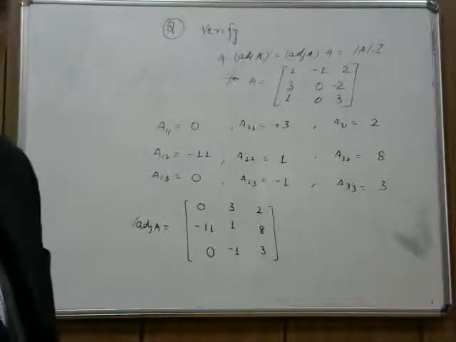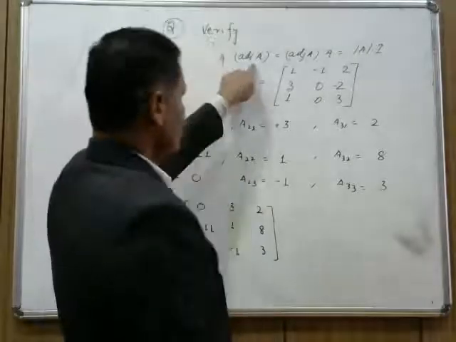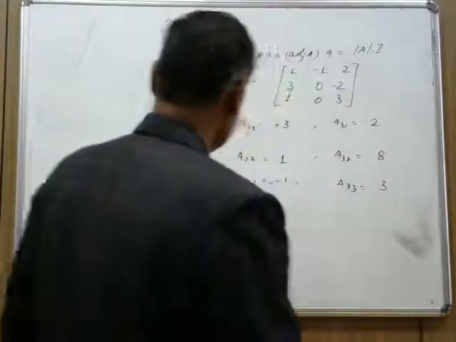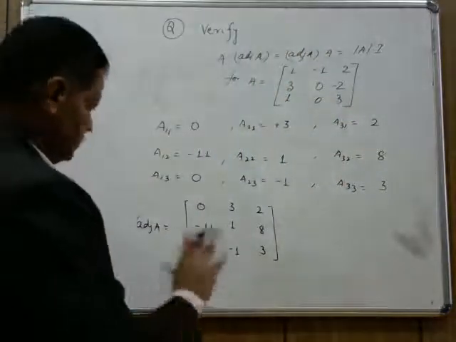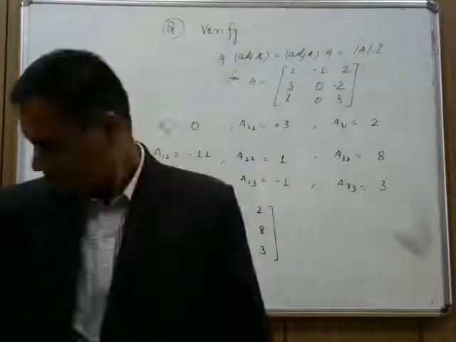Now we will find out the product of A into adjoint of A, and similarly we will find out adjoint of A into A, right? I have to just rub this part.